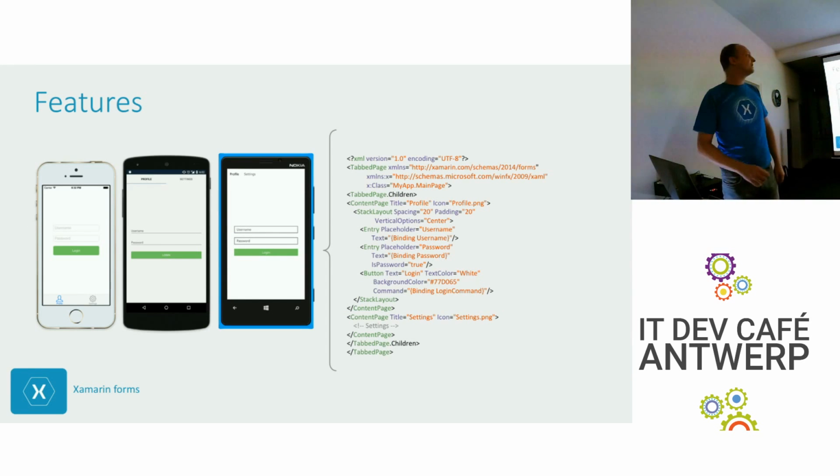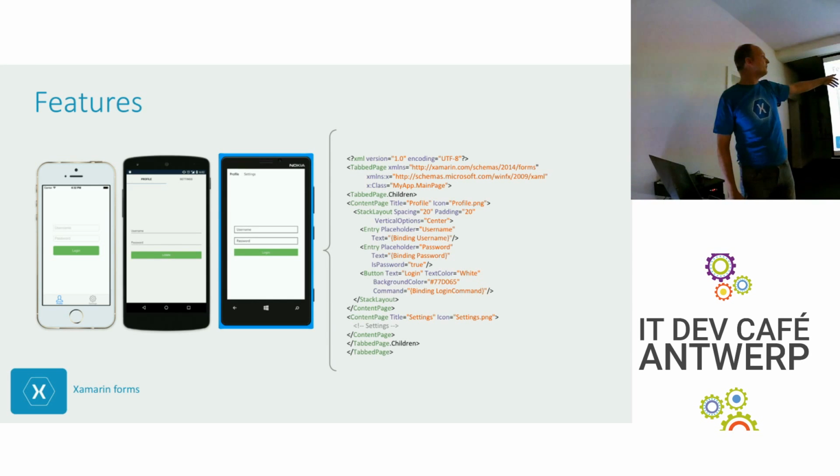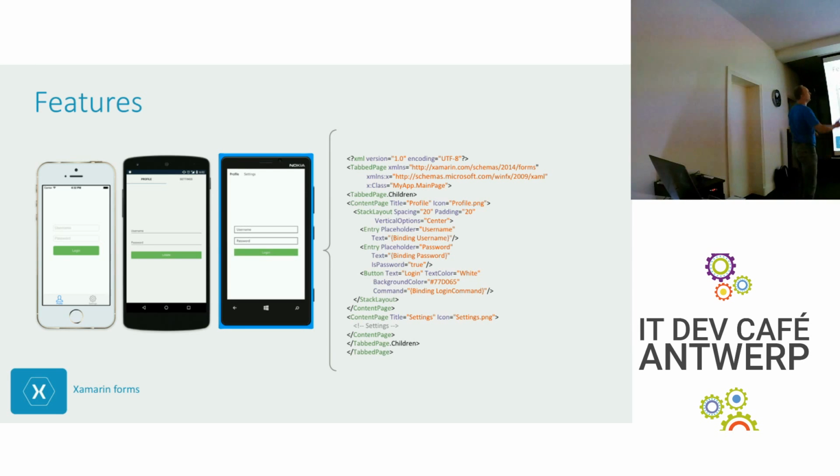And this is the actual code that you're going to write. So if you want this layout in Xamarin Forms, then you see at the right-hand side what XAML you have to type to get this. So if you look at it, you will see that we're using a tabbed page. Even though we have only one UI declared in XAML, you will notice that a tabbed page in iOS will have the icons on the bottom.